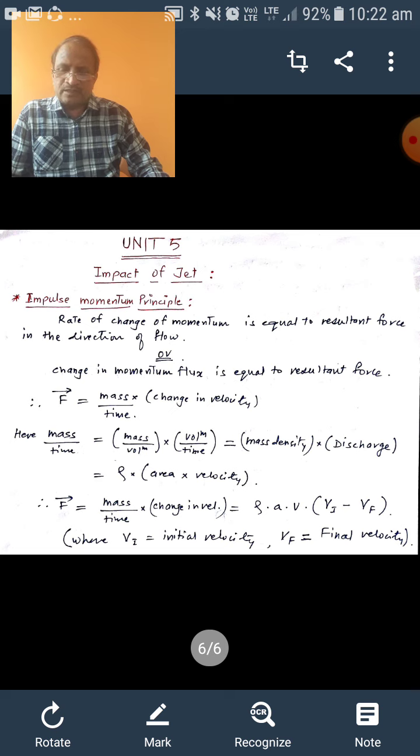You know the flux is anything per unit time. So we can write that equation as F is equal to mass upon time into change in velocity. That is, mass into velocity is the momentum. Initial and final momentum rate will give you the force, resultant force.